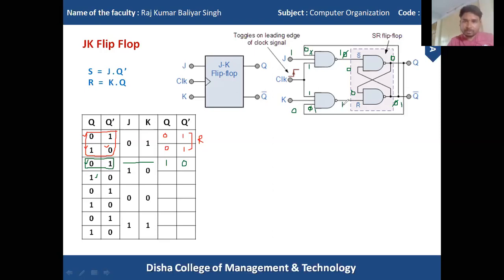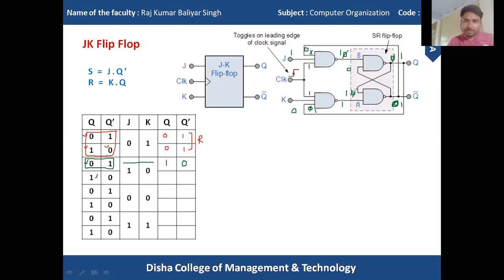If I supply 1 to this gate, then it will produce 0. This value becomes 0, and this 0 is supplied here, that is 0 and 1, that produces 1. Sorry, I made a mistake here. That becomes 1. Then 1 is supplied to this gate, then 1.